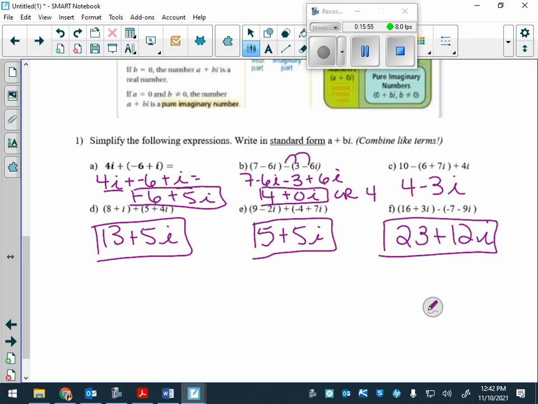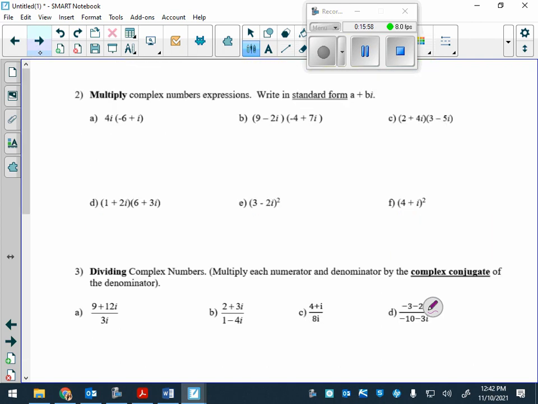The last thing we're going to do, because it's on the easier side, is multiplying. It will be the last thing we're going to cover today. All right. So for number 2A, what would I have to do in this situation? Yeah, Laura. Distribute. So 4i times negative 6 is negative 24i. 4i times i is 4i squared. What's wrong with this picture? John?